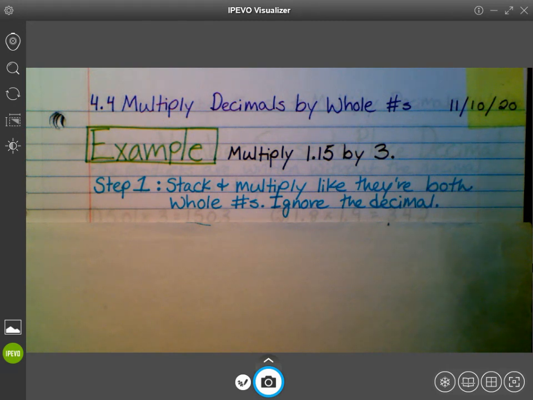All right, so Jackie, go ahead, get the title, date, and our example written down. So thumbs up when you have the directions for step 1 written down. And don't start multiplying it yet.